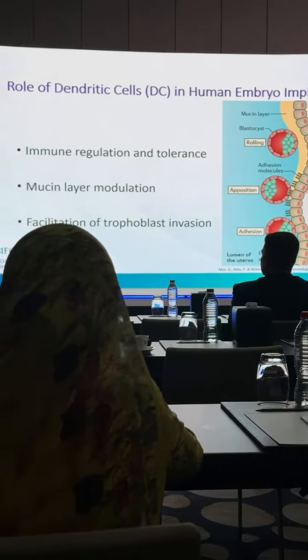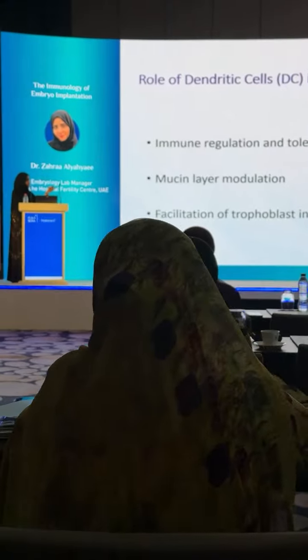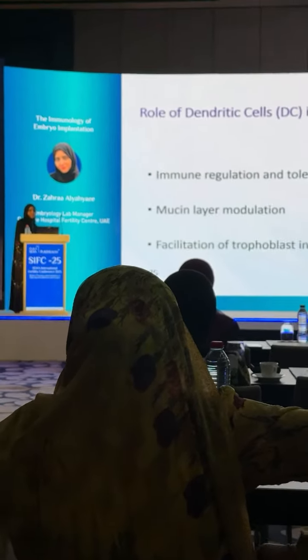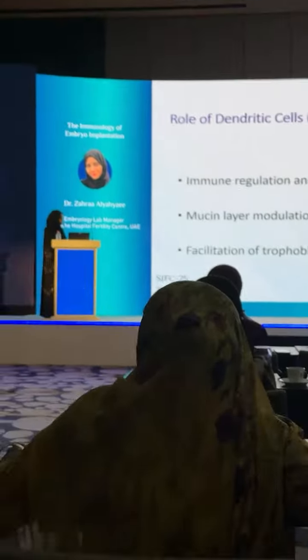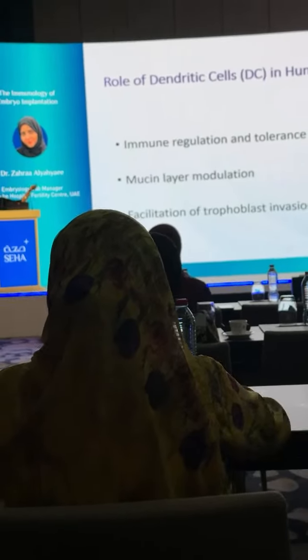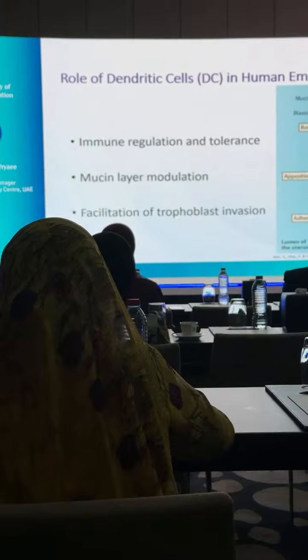Before talking about the uterine NK cells, there is one important immune cell, the dendritic cell, that actually starts facilitating the implantation process. What the dendritic cell does practically is remove the physical barrier from the endometrium, which is called a mucin layer.